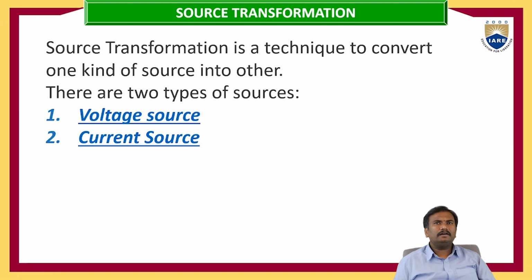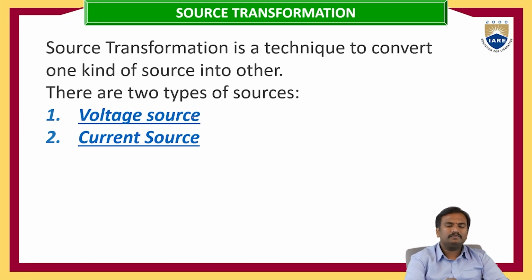Now let us go with source transformation. Source transformation is a technique used to convert one kind of source into another. Generally, we have two types of sources: one is the voltage source and another is the current source.